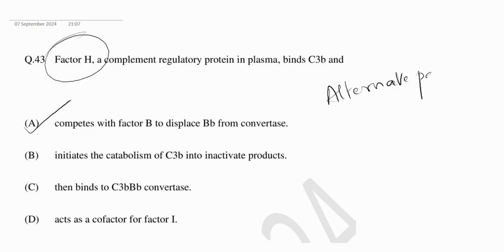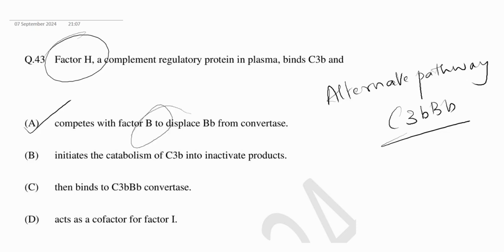If you look at the alternative pathway of the complement system, the C3 convertase is C3b-Bb. So basically, it competes with factor B and displaces Bb, and it also uses factor I as a cofactor. So it's a factor I mediated C3b cleavage, and hence it decreases the activity of this C3 convertase.